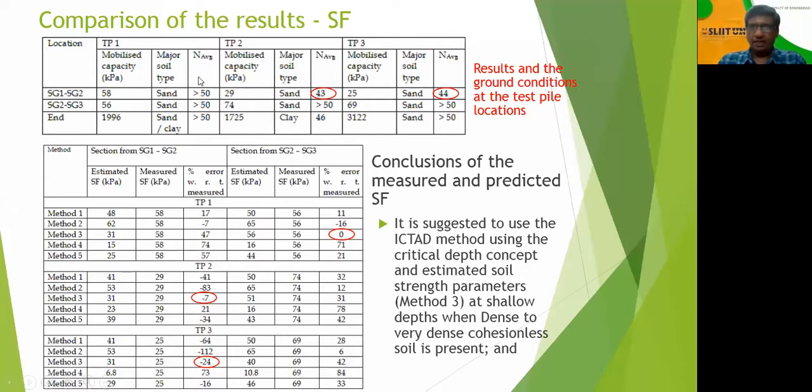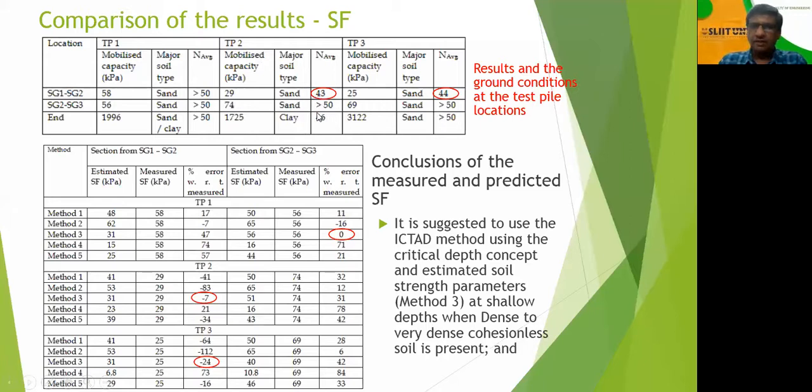So in test pile 1, you always get SPT greater than 50. And in test pile 2, at the top you get a little bit lower SPT N value, and below that you get a higher SPT N value.